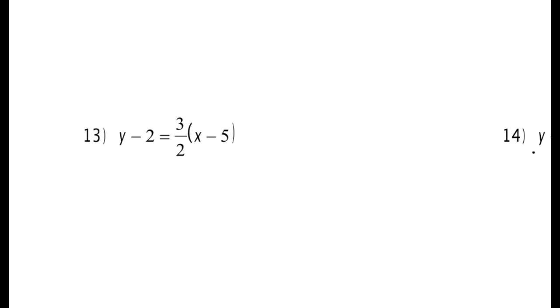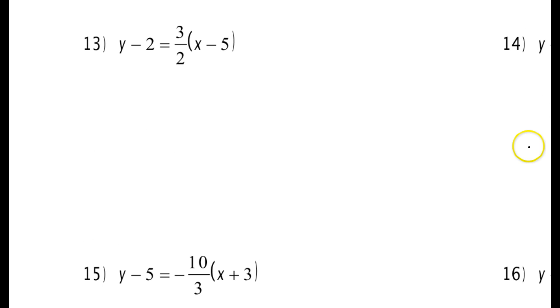Let's see if we can find one that doesn't. So let's say, yeah, this is a good one, number 13. So look at that. So when we multiply here, 3/2 times x, 3/2 x. 3/2 times negative 5, what does that equal? It's negative 15 halves.